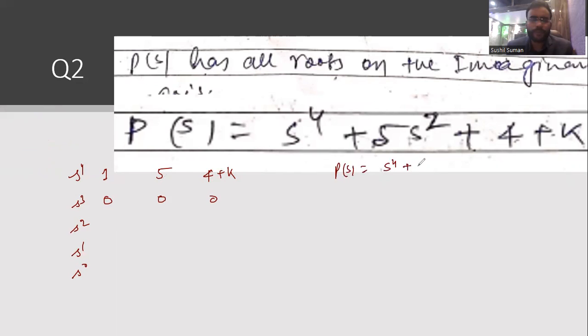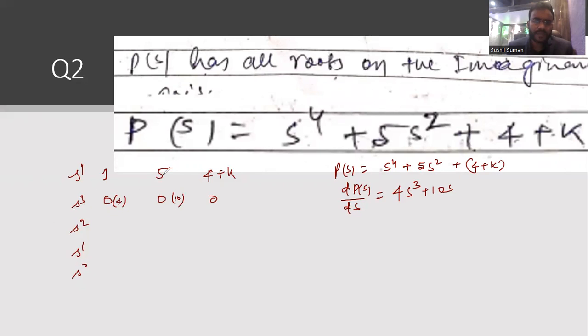Now the polynomial P(s) equals s to the power 4 plus 5s squared plus 4 plus K. Now differentiate it, dP(s) by ds. This becomes 4s cubed plus 10s, so this is 4 and this is 10. Now solve this value.